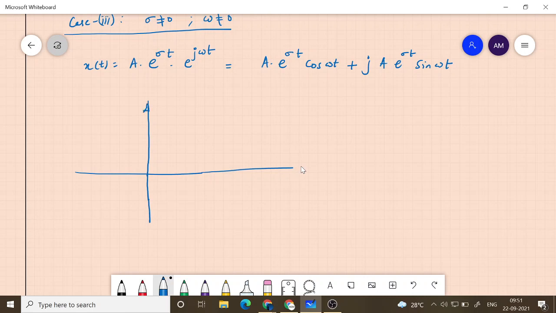So first let me plot the real part of x of t. In order to plot, we need to take some value for sigma. Let me take sigma negative first. At time t equal to 0, the real part is going to be a, and as time advances, if sigma is negative, I know that it will decay like this.